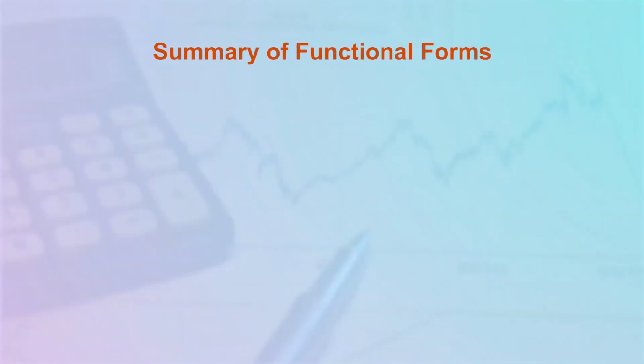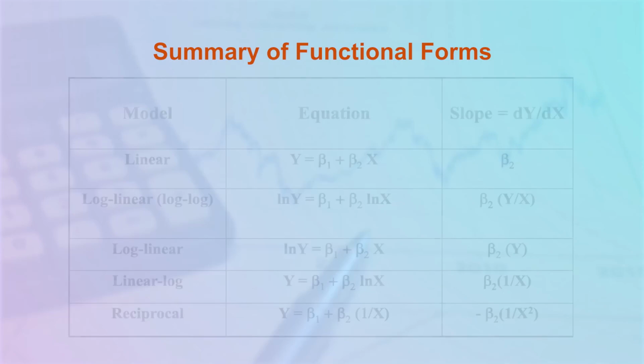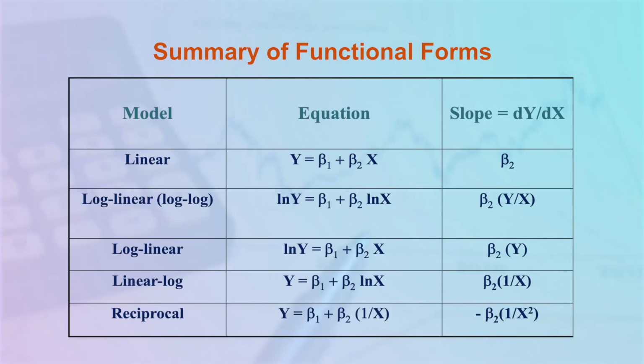This boils down to the summary of the functional forms discussed in this particular module. First of all, we have a linear form, which is usually y regressed on x, with beta 2 as the slope coefficient. Secondly, we have a log-log form, which means that the variables y and x are both taken in log values, and accordingly we go for the elasticity coefficient beta 2.